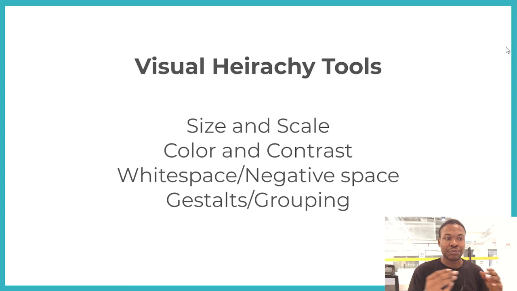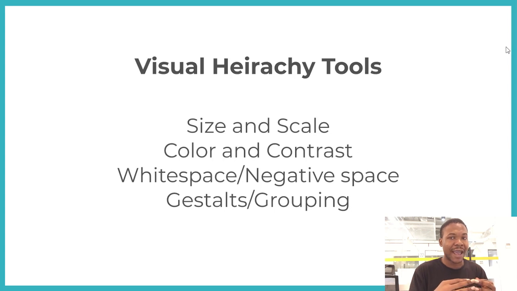So I broke down some tools of visual hierarchy. These tools you're seeing here are commonly referred to as the fundamentals of design, but in my opinion, they are not the fundamentals of design. They are just tools every designer needs to know how to use to achieve the things they wish to achieve.